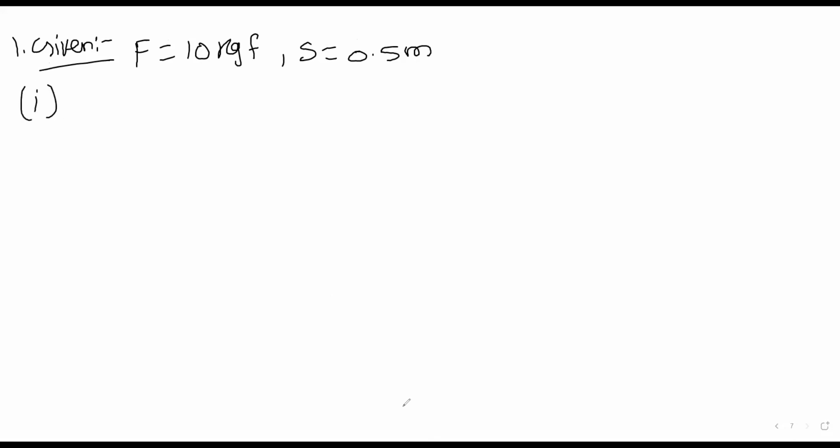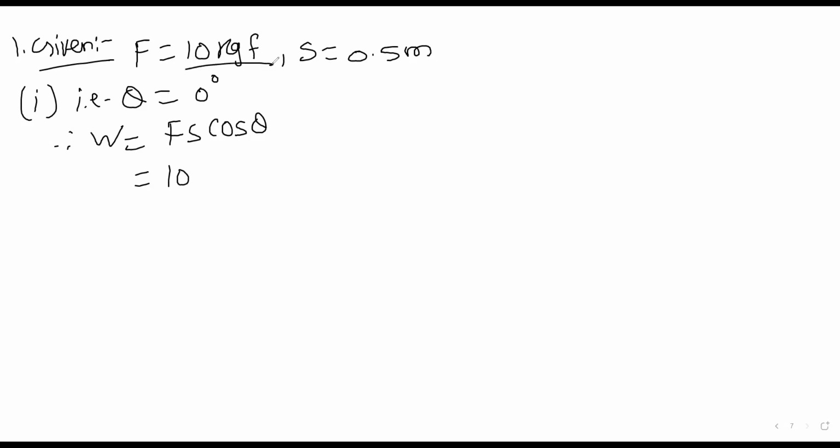Displacement, first one, in the direction of force. So that is theta is equal to 0 degrees. Therefore, W is equal to Fs cos theta. Okay, that is 10. One minute.